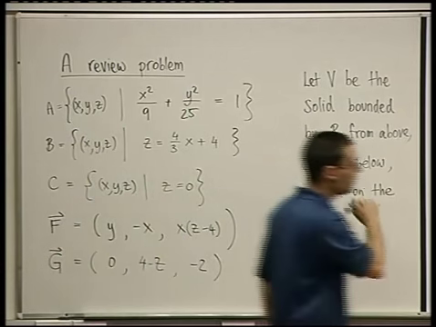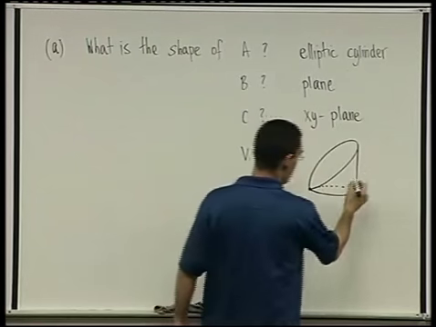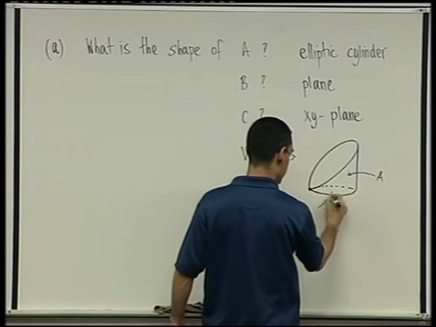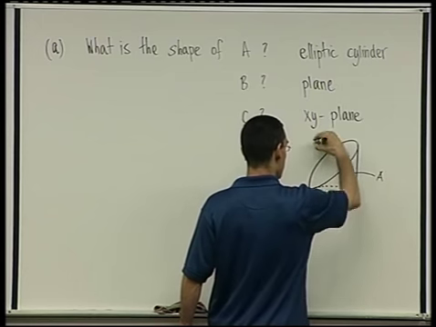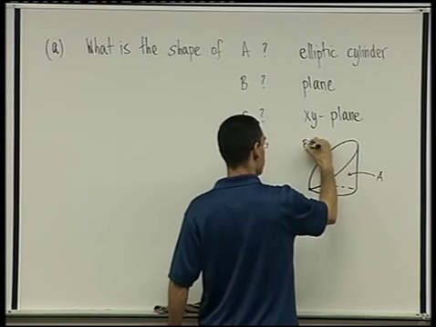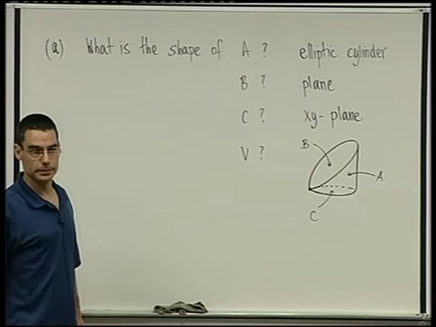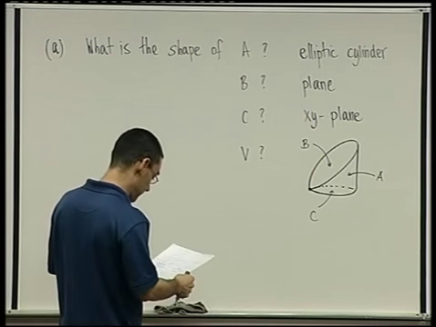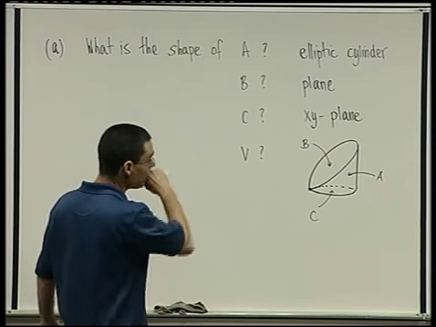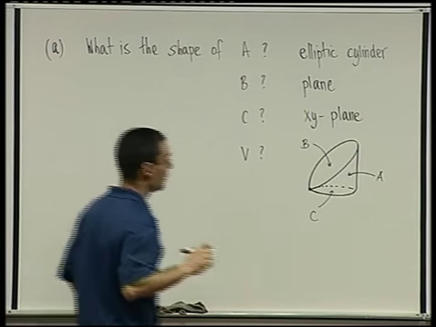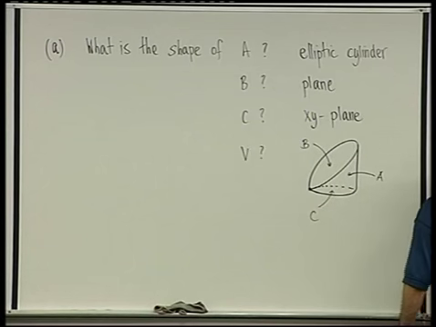Okay, so this is the shape of V, where the sides are A, the bottom is C, and the top is B. Question so far? Okay, so that was part A. Part B, yeah, let's use a new board.